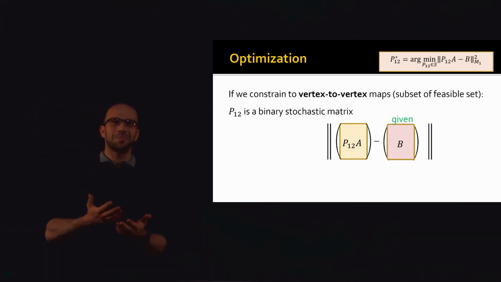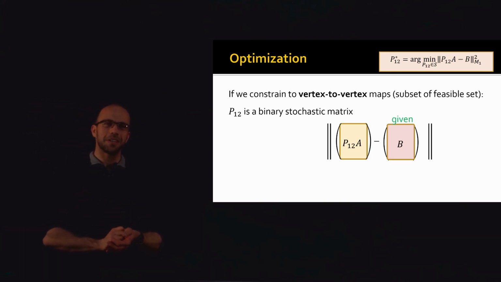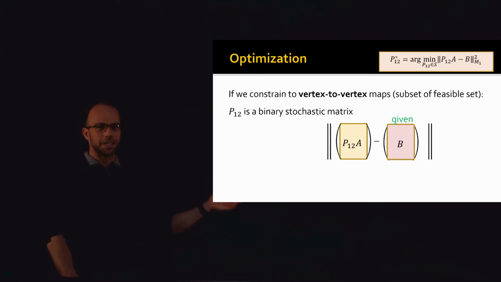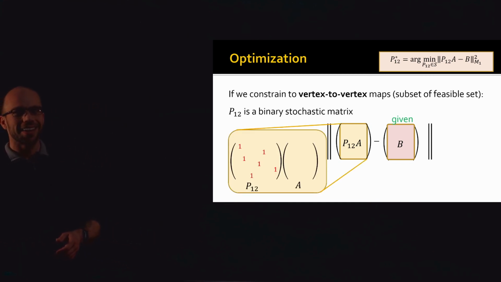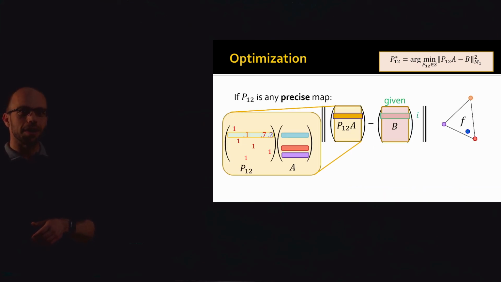Incidentally, I forgot we put in the slides a little bit more details here to help you understand why this problem is solvable. So for instance, let's say that P12 isn't one of these precise maps, but just takes vertices to vertices, like this is a permutation. Then notice that basically all P12 is doing is just picking out different, in this case, columns of A. And so we can basically optimize this thing by just finding good matches from one domain to another.